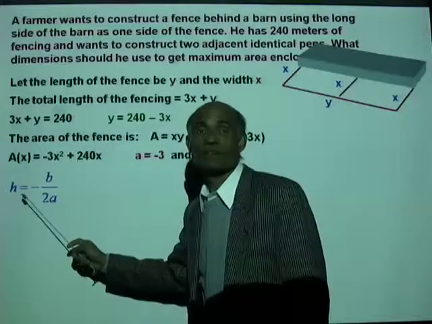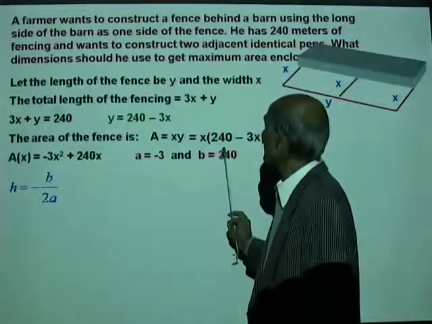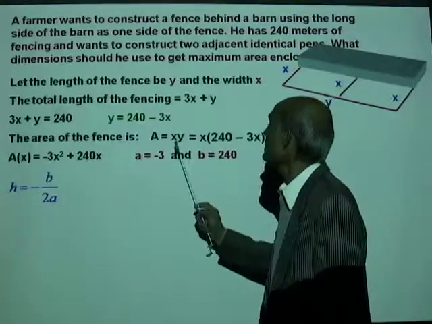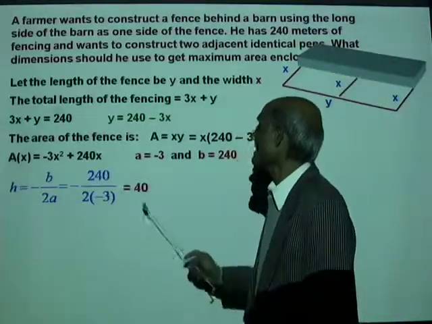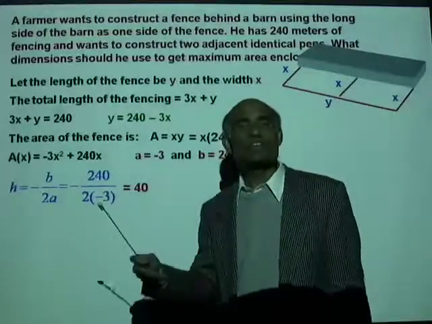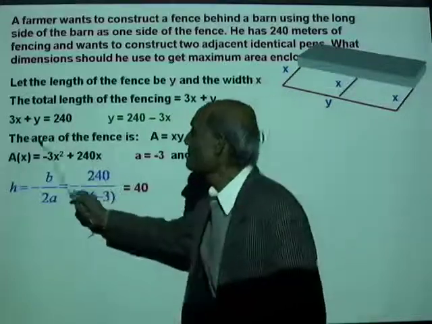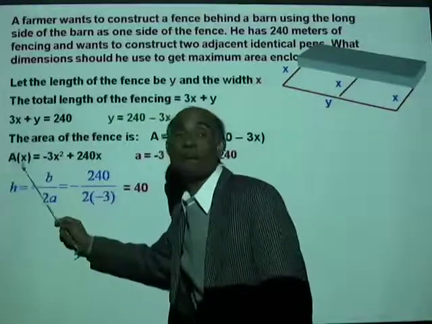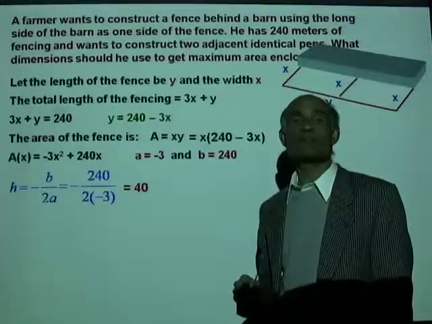Find the vertex. h equal to negative b over 2a, negative 240 divided by 2 times negative 3, and that will be 40. h equal to 40. What it tells you is that this A becomes maximum when this x equal to 40.